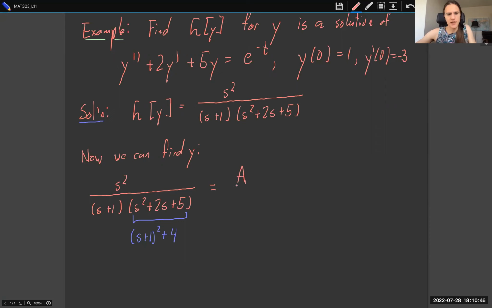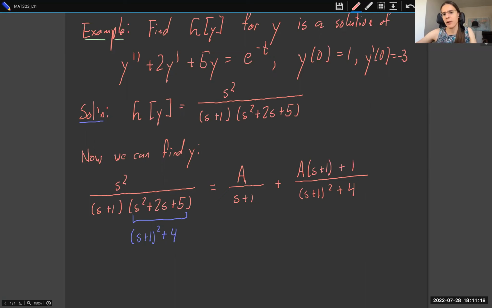For s plus 1, we know what the thing is. It's going to be a over s plus 1. And then for this term, it's going to be a bit more interesting. So the denominator is s plus 1 squared plus 4. And the numerator, you usually write as bs plus c, but I'm going to write it as b times s plus 1 plus c, because we're going to want to do this shift anyway.